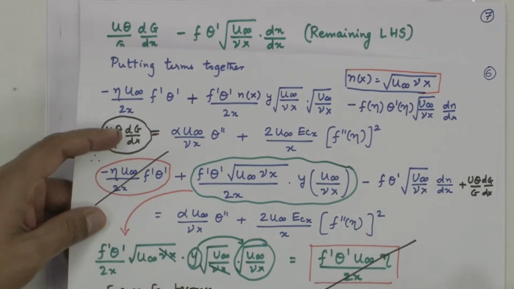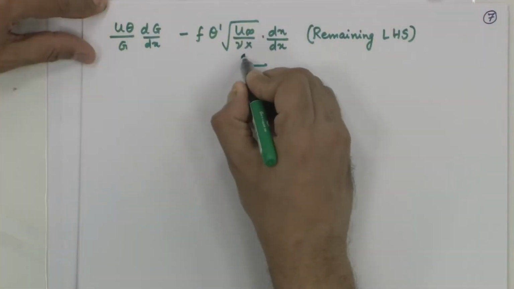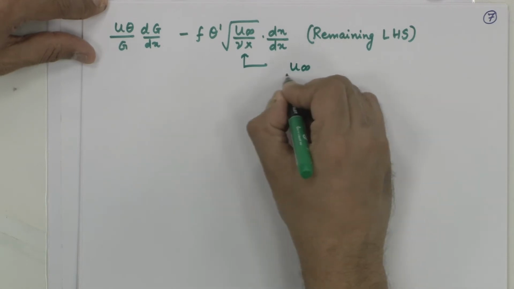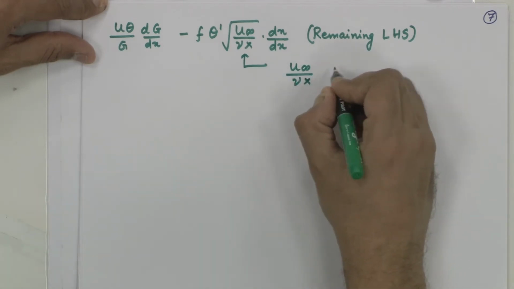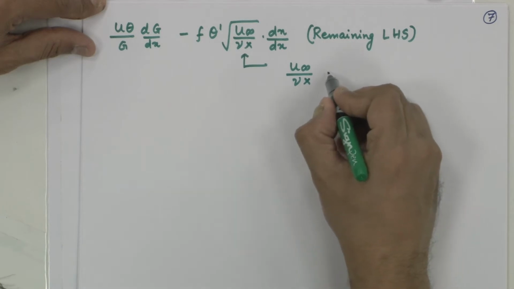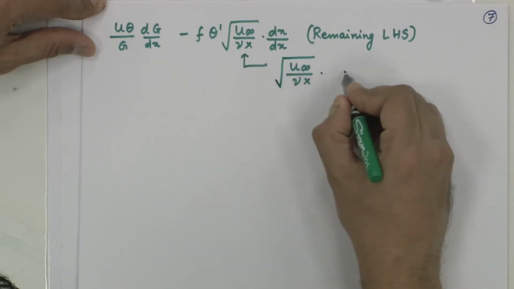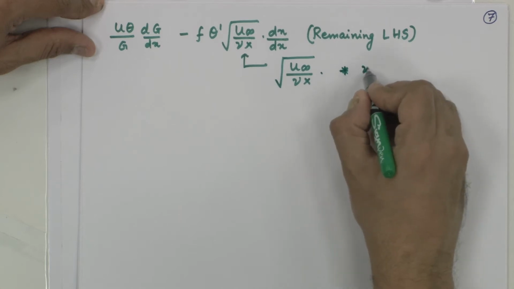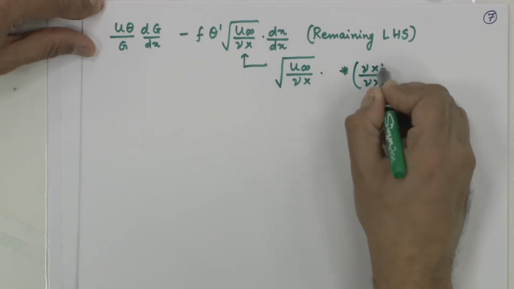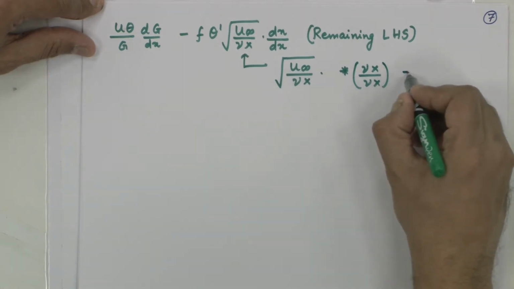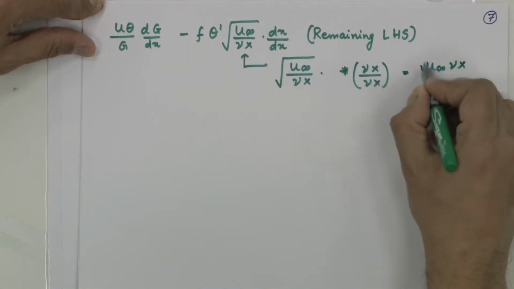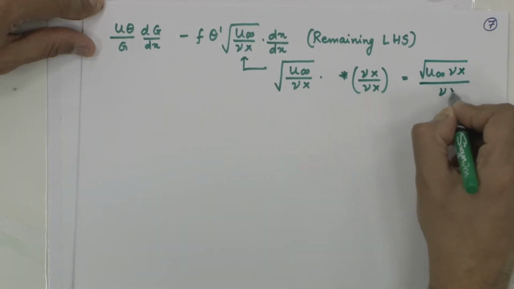So instead of doing something like that, let us just manipulate it a little bit so that it is a little easy. So we will write this quantity u infinity over nu x. Okay, so if I multiply and divide by nu x, what would I get? This with this would be u infinity nu x under root divided by nu x.